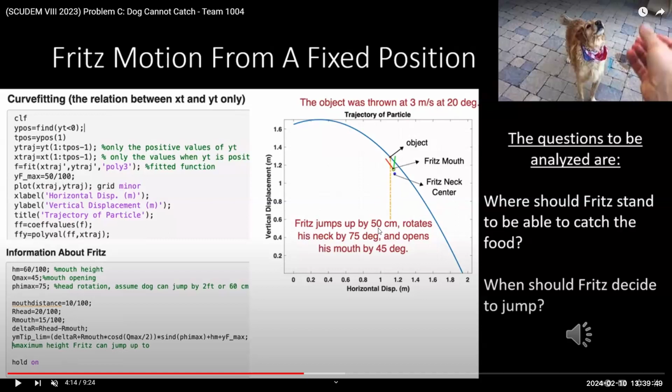This shows Fritz jumping up by 50 centimeters, rotating his neck by 75 degrees, and opening his mouth by 45 degrees. And all of those numbers we obtained from looking on the internet for real world data of how high golden retrievers jump, approximately how much their neck can rotate, and how much their mouth can open.